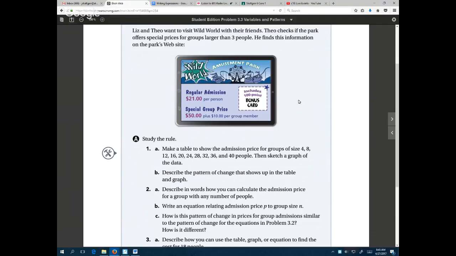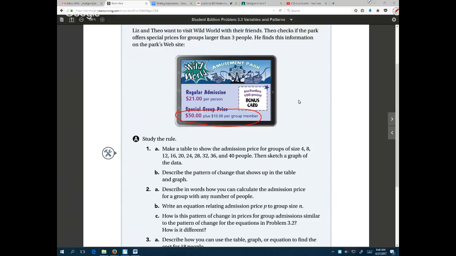What does the rest of the rules say? Yeah, you got to read the fine print. Yes, it's $50, but they're also charging $10 a person.